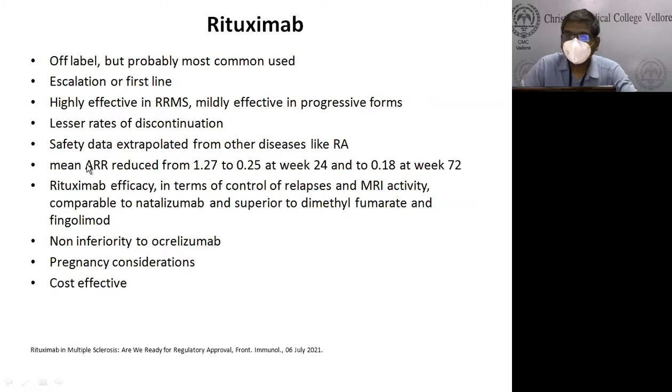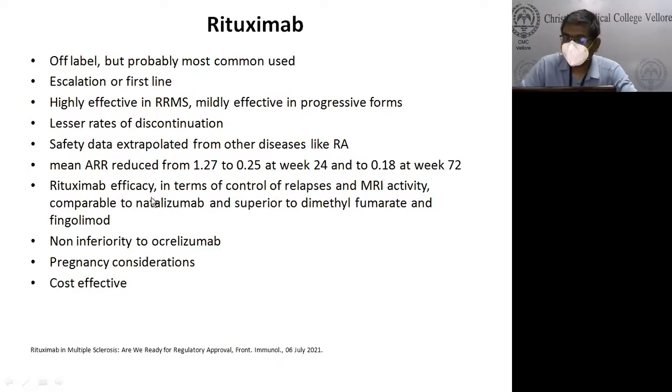The reduction in the annualized relapse rate, or ARR, is significant with rituximab. It reduces from 1.27 to 0.25 at 6 months, and by week 72 it reduces to around 0.18. Again, a very important point which is not put across in many studies.